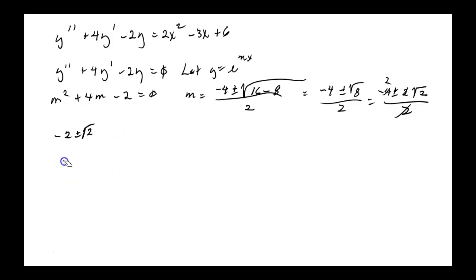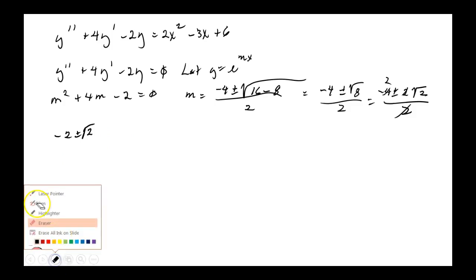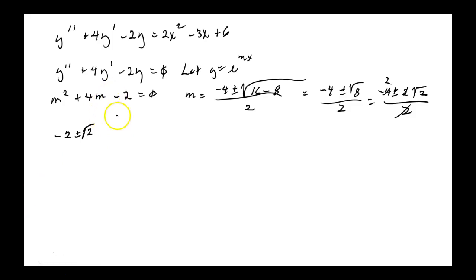Well, I could have left it y sub c. These are just real numbers, okay? So what would this be? This is your m. It's not imaginary. So what this would be, written another way, -2 plus root 2 or -2 minus root 2, okay?